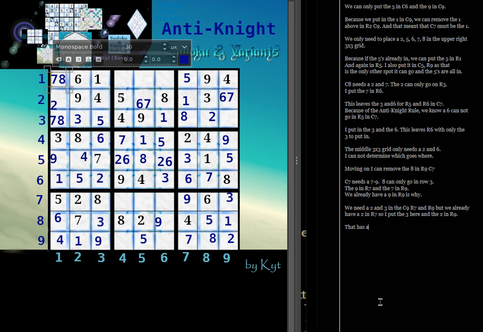That has a domino effect, and I was able to rule out 2s in row 2 and in column 1 at row 1 and row 3.